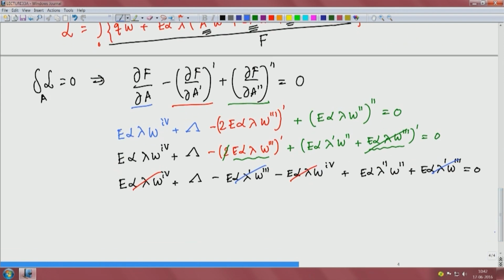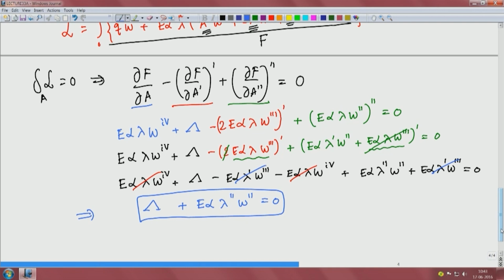So, what we get with this is just this lambda, plus E alpha lambda double prime w double prime equal to 0. Let us keep it aside for now, because we do not know what lambda is as yet.